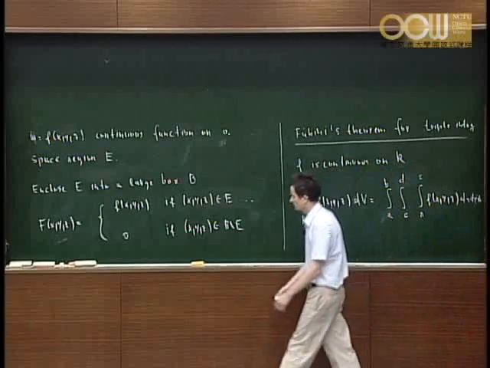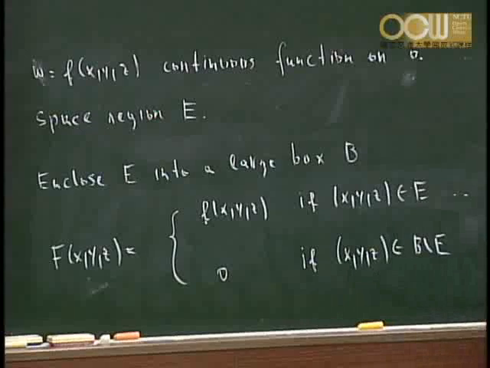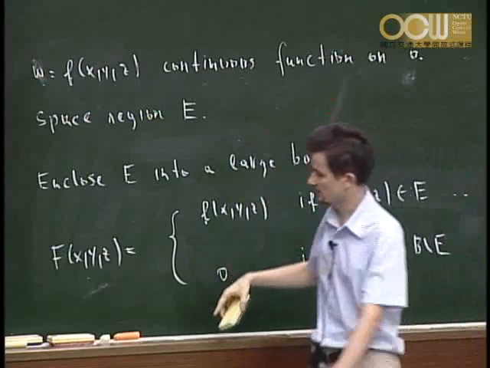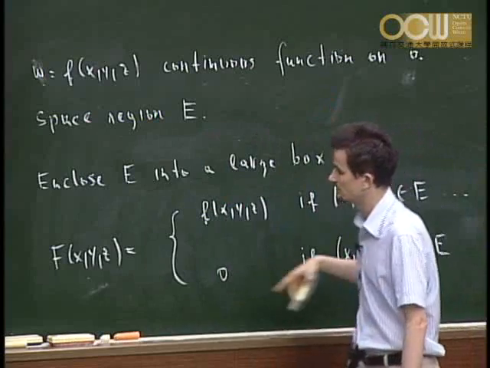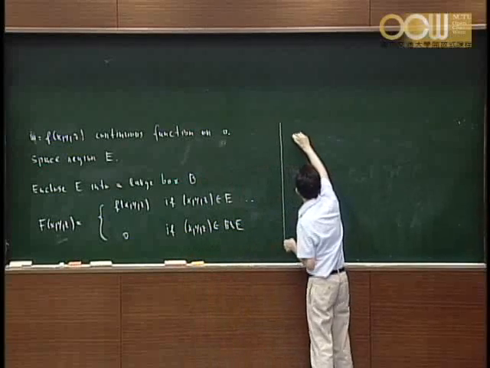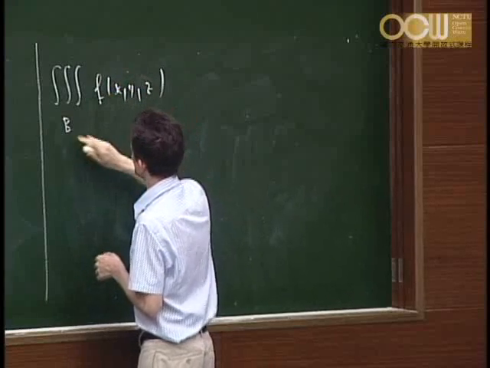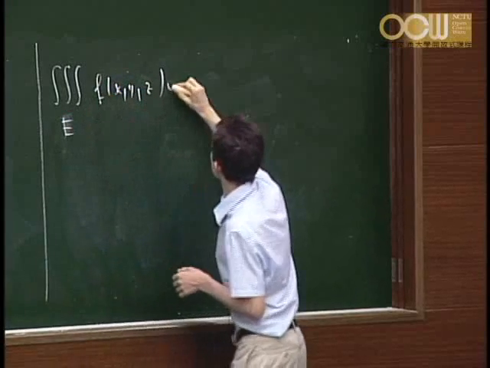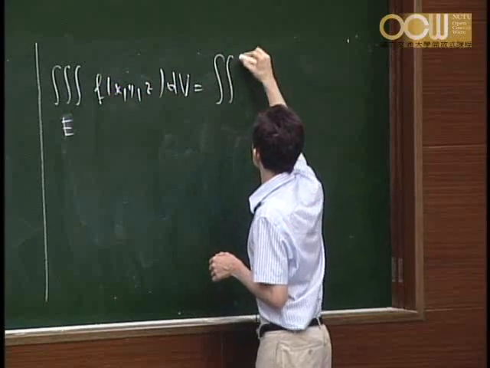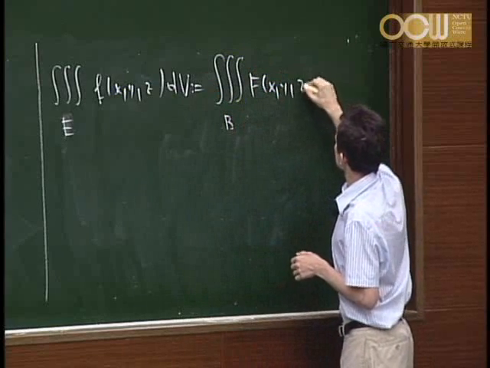This gives you a new function capital F, which is defined on the whole box, and you can now easily extend the definition of the triple integral by defining the triple integral over the general region E of f of x, y, z dV as the triple integral over the box B of this capital F.